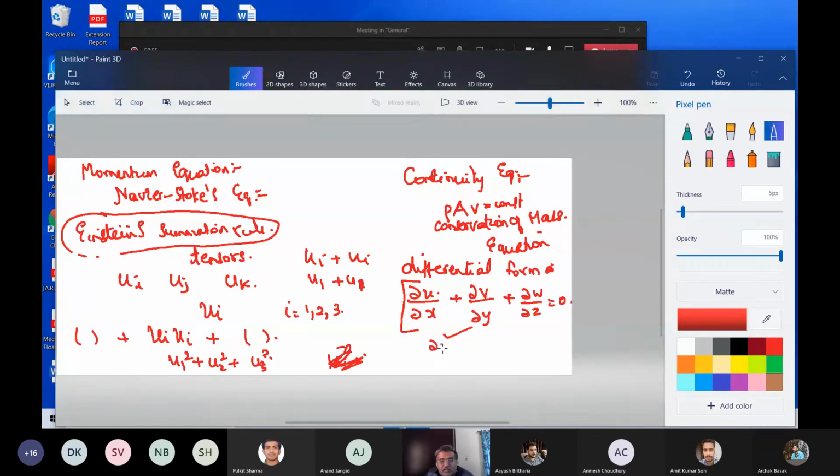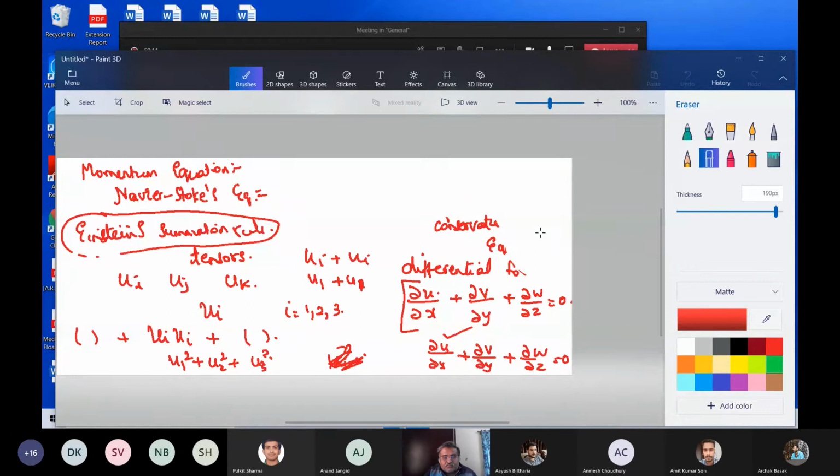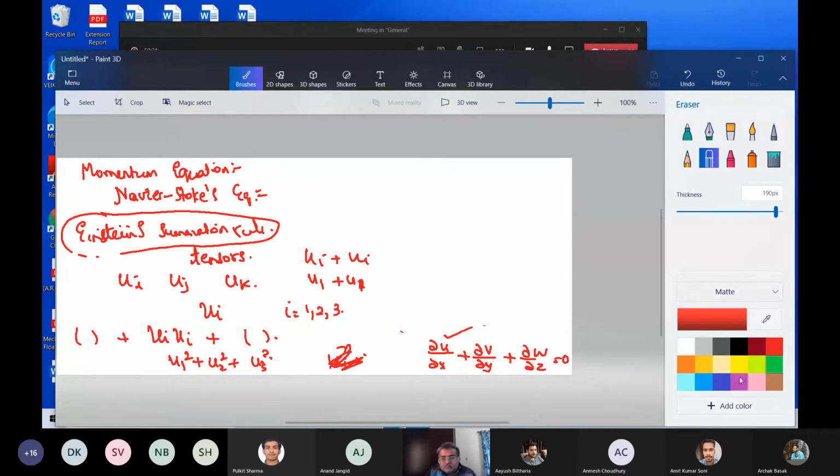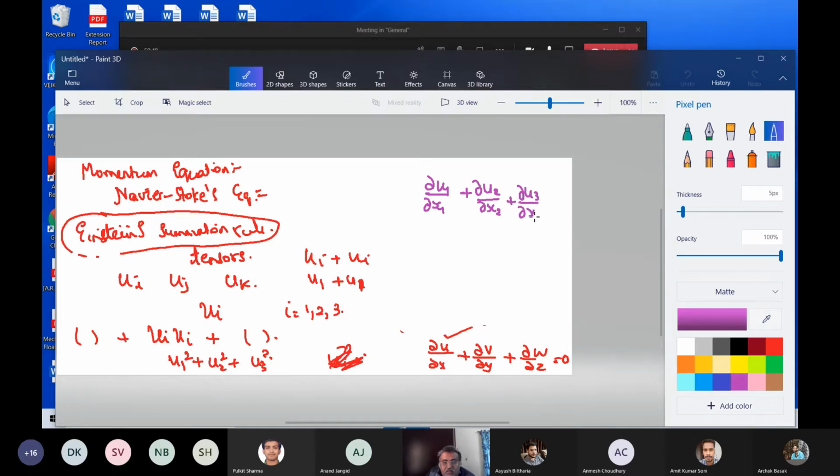Basically that is dou u by dou x plus dou v by dou y plus dou w by dou z equal to 0, which can also be written in a slightly different format as dou u1 by dou x1 plus dou u2 by dou x2 plus dou u3 by dou x3 equal to 0.